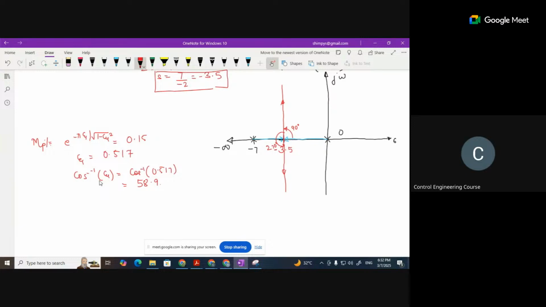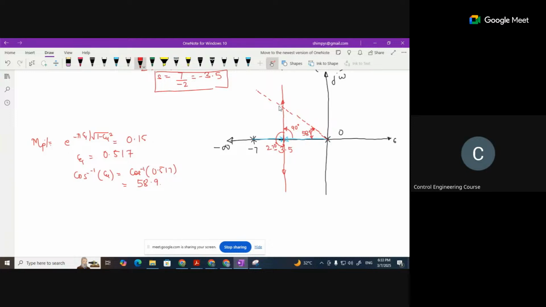So what we'll do next is that we'll draw a line here, say like this, having an angle of 58.9 degrees.